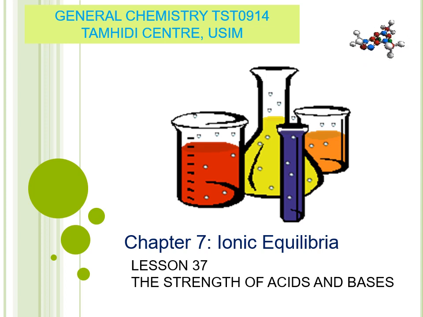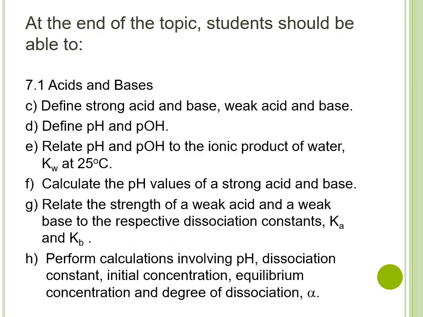The second part of Chapter 7, Ionic Equilibria, is Lesson 37, the strength of acids and bases. We are going to calculate the pH and pOH, but before that, we need to define strong acid, strong base, weak acid, weak base, and their relationship with Kw, the autoionization of water.